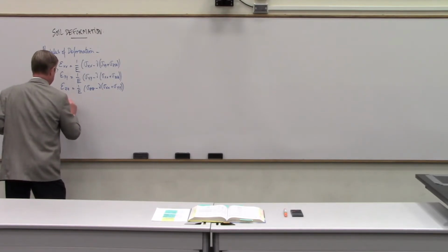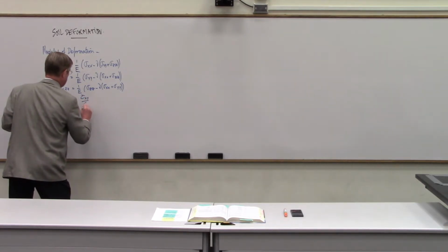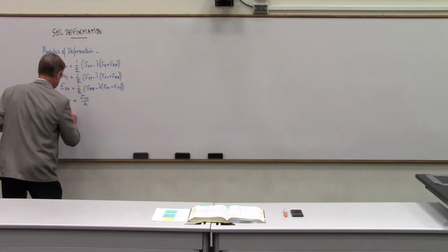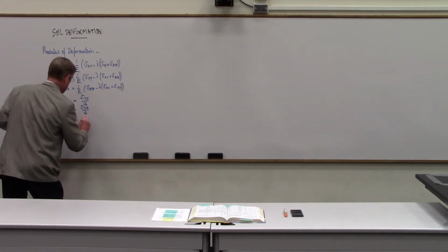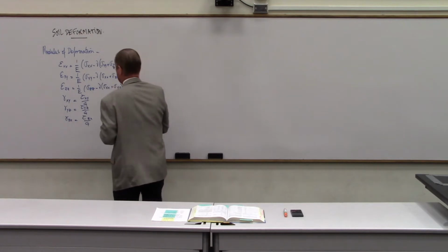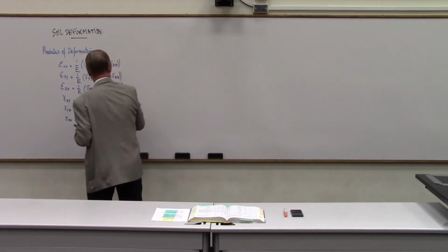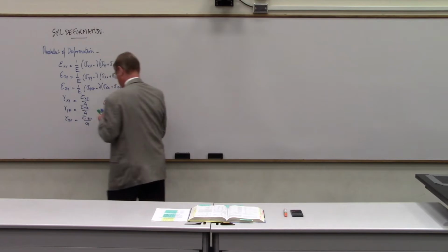We also have the shear strain, gamma xy equals tau xy over G, and gamma yz equals tau yz over G, and gamma zx equals tau zx over G. And I mentioned that we had a relationship that G was equal to E over 2(1 plus nu).